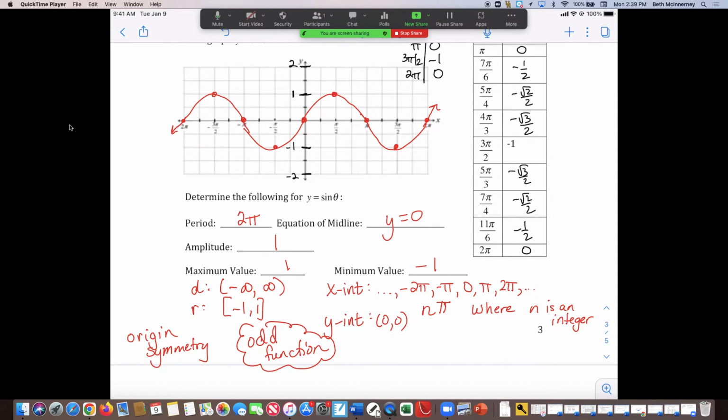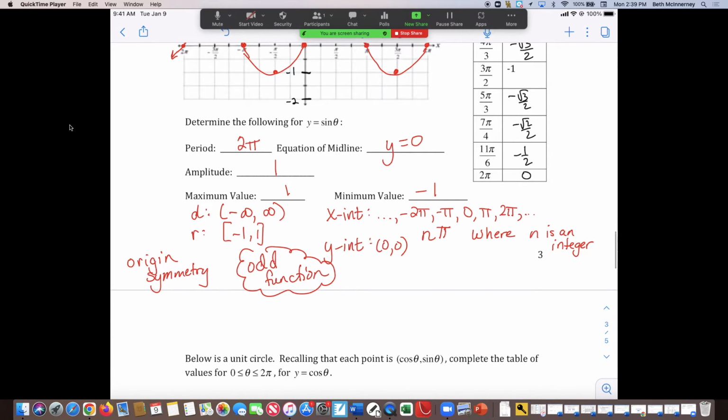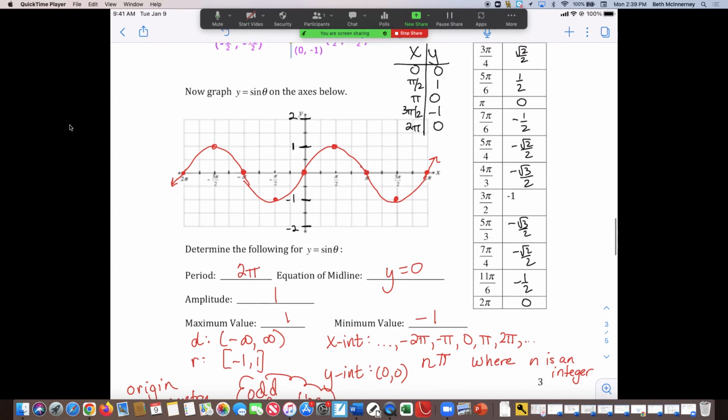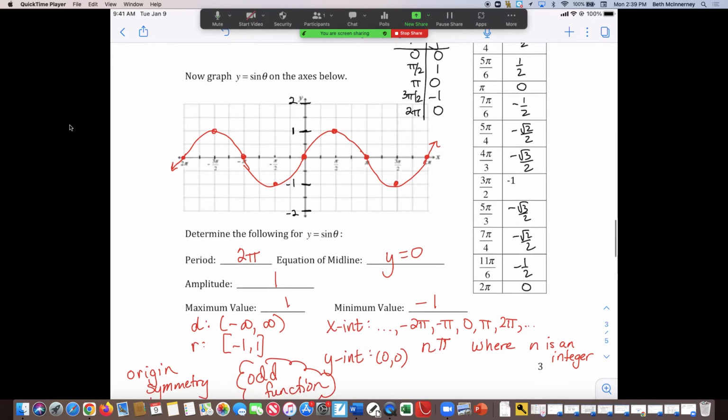Odd functions help us do something called integration, and we can make our lives easier if we understand symmetry about the functions. So the sine curve is an odd function. All right, questions on this. This is the parent function for y equals sine theta.